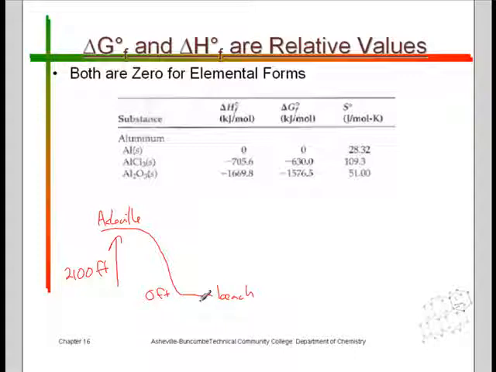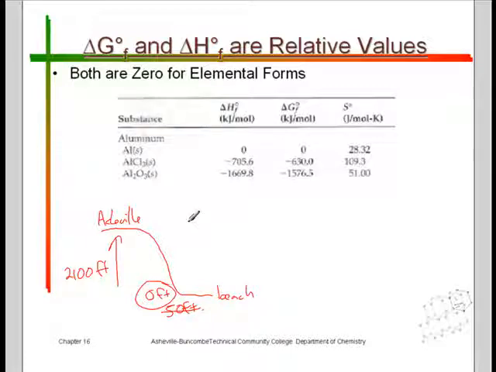Humans could have just as easily said, okay, we're going to make this 50 feet, and then scale everything from that point. That'd be a little silly to do, but they could have. This 0 value for feet is arbitrary at the beach. And so this is altitude as a relative scale.